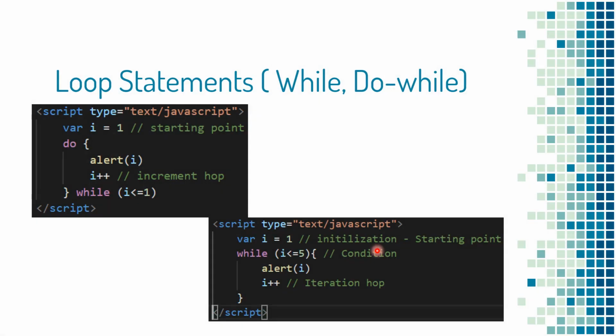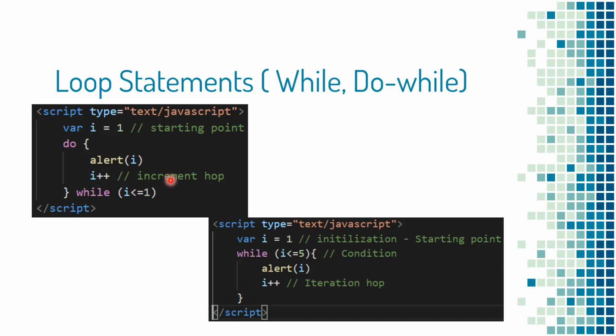The other type of repetition is while. As I said, JavaScript provides you with two types of while, but all the time, any repetition should have a starting point, a condition, and incremental hops or steps.